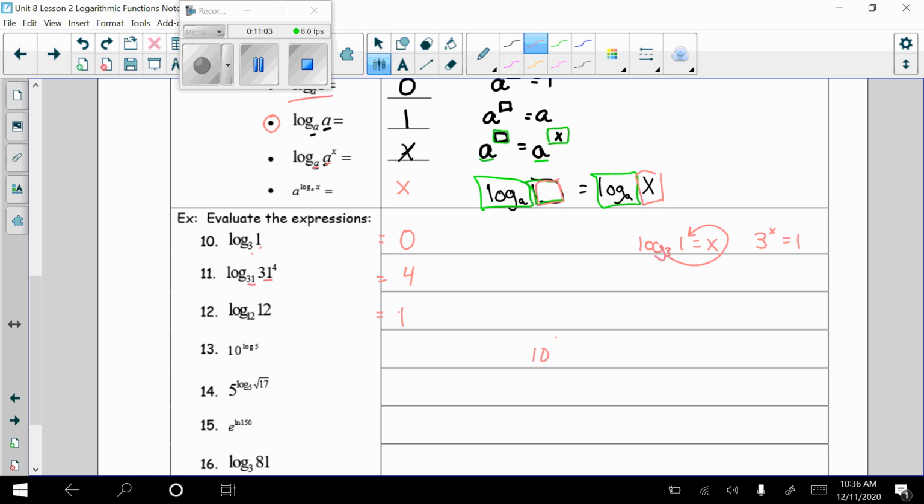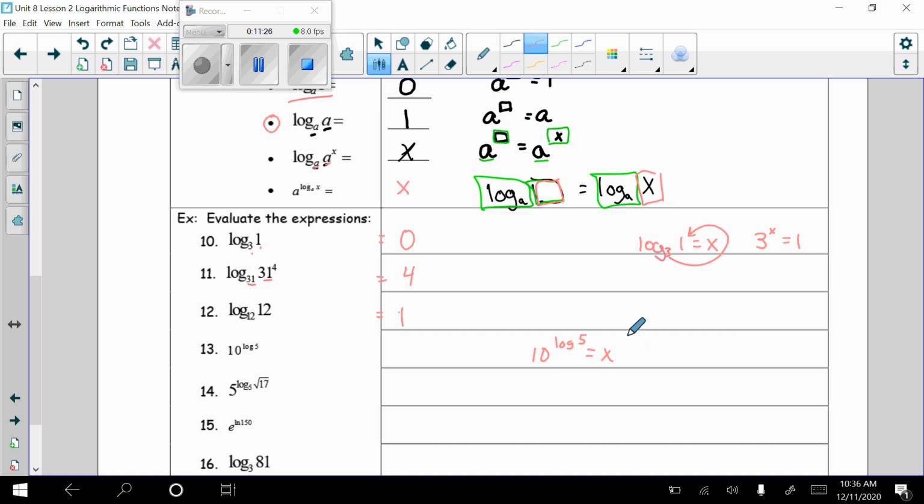If I have 10 to the log 5, remember that log is a base of 10. If I set this equal to x, then I have 10 to the x is equal to log. Sorry, I did not convert that right.